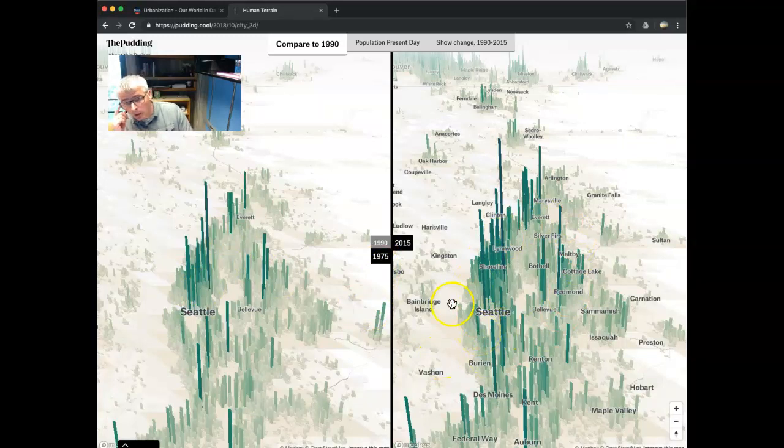So we can see that Seattle proper's been densely populated. There's still some peaks sort of in the east side area, but there's been substantial growth along the east side, and then all of this is darkened up a fair amount. Some of our outlying communities have also increased.